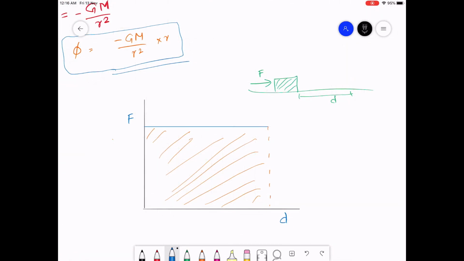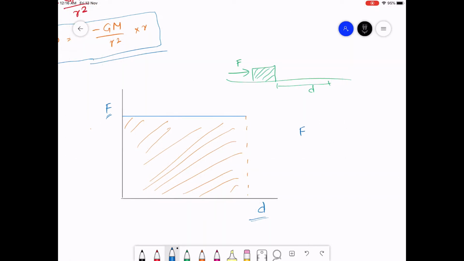So let's start with this graph. This graph right here is the graph of force versus distance. And this is the graph for the diagram above. So you apply a constant force throughout this entire distance. So the area under the graph is F times d, which is equal to the work done.